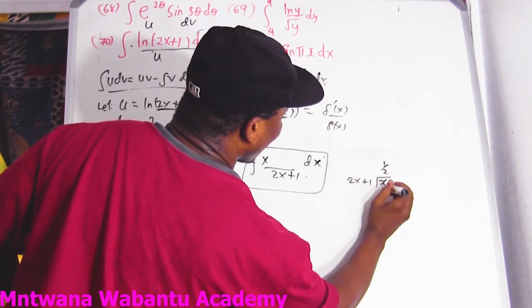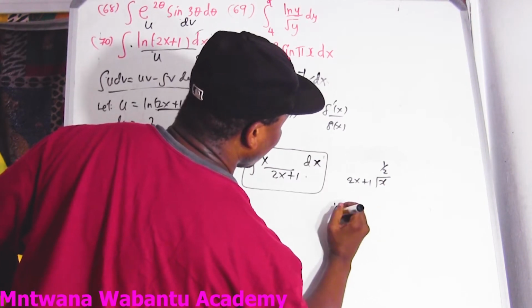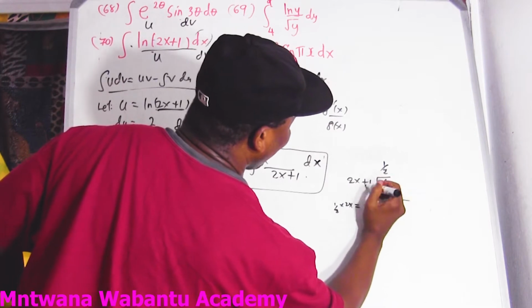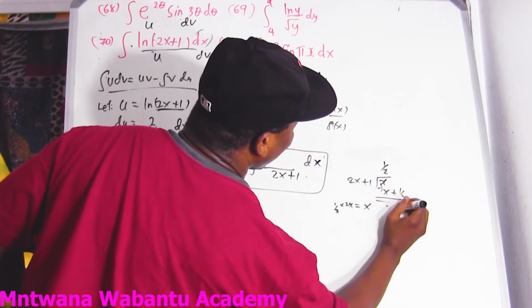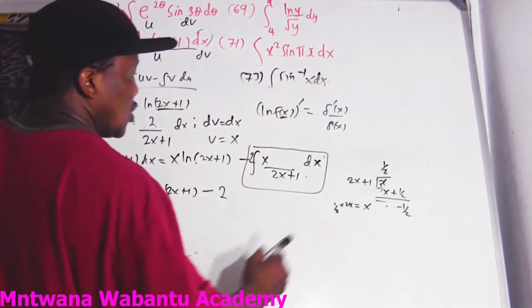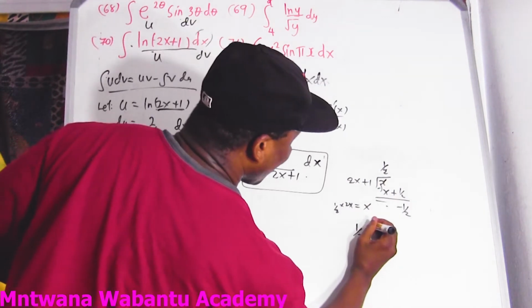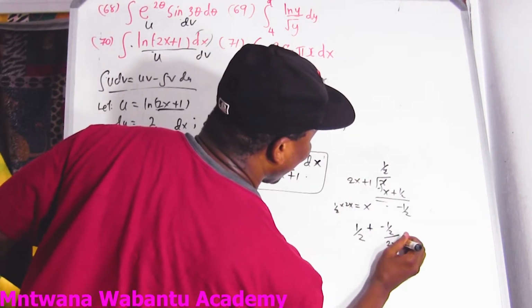A half times 2x equals x, so that gives us x. And a half times 1 equals a half. If we subtract, the remainder is negative a half. So it's like partial fractions: a half plus negative a half over everything, which is 2x plus 1.